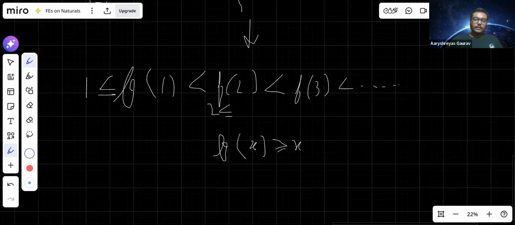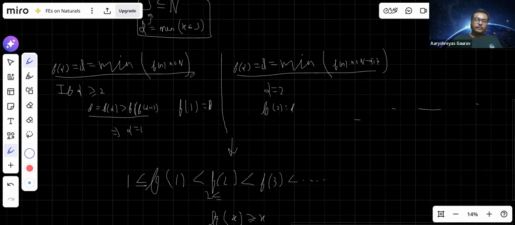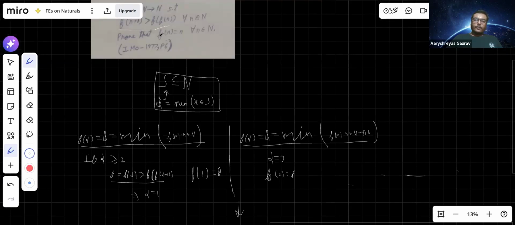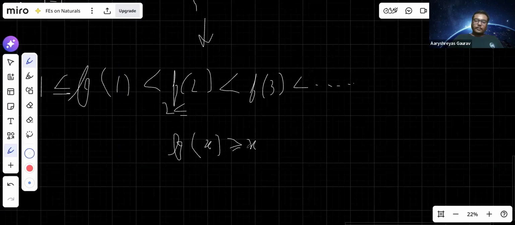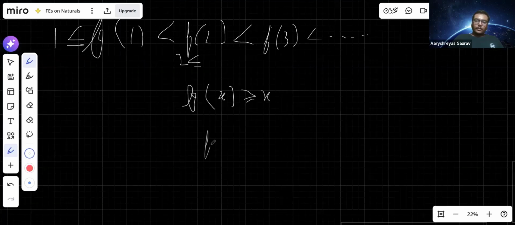Now, since we are trying to prove f of n is equal to n for all natural numbers, one of the logical arguments that comes is, what if we contradict f of x greater than or equal to x plus 1? We can contradict, of course.